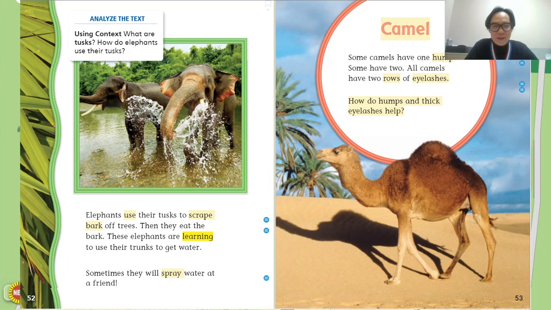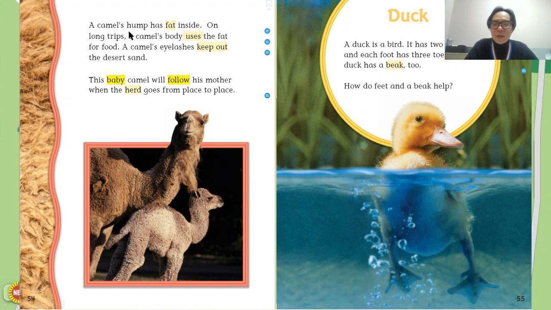Well, they're going to tell us now. A camel's hump has fat inside. On long trips, a camel's body uses the fat for food. A camel's eyelashes keep out the desert sand. This baby camel will follow his mother when the herd goes from place to place.